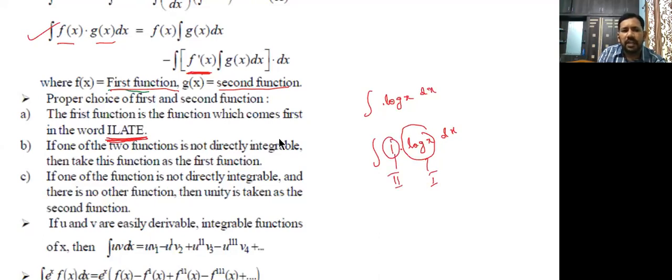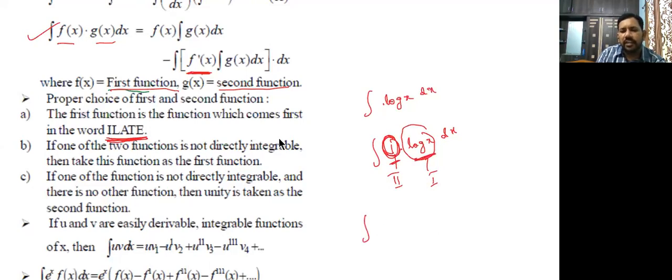Then apply integration by parts, you will get it. Whenever there is a single function and we can't integrate directly, at that time take unity as another function. So integration log x dx, I am writing integration 1 into log x. 1 is the one function, log x is the another function.